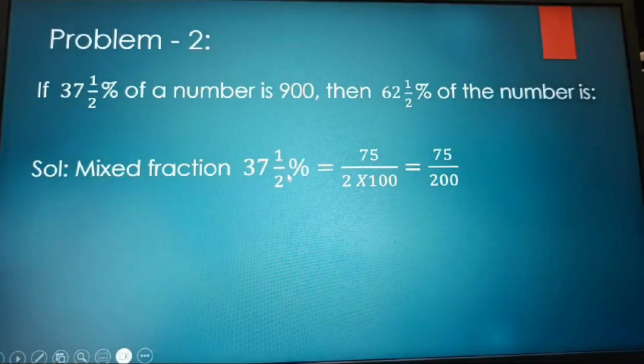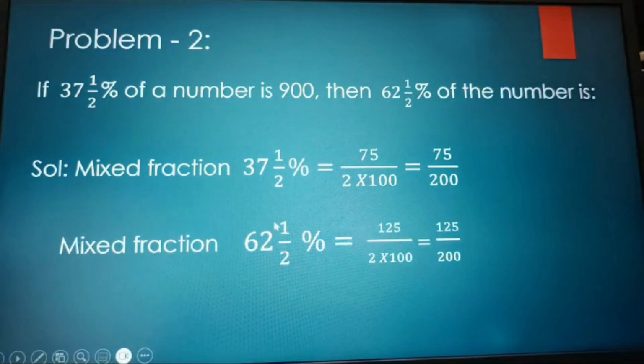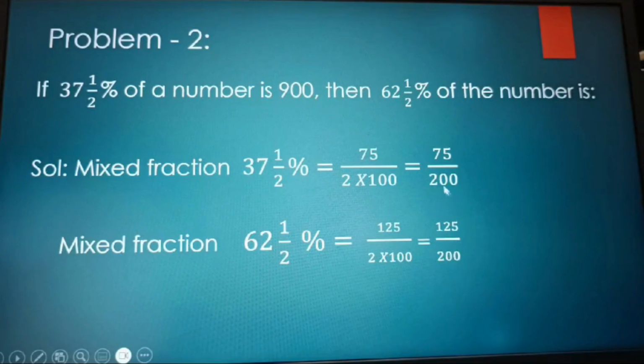So 37.5% can be expressed as 75 by 200, and 62.5% can be expressed as 62 into 2, 124, plus 1, 125, under the denominator 2 into 100. So 125 by 200. Here the denominators are equal, so we can compare 75 and 125 directly.